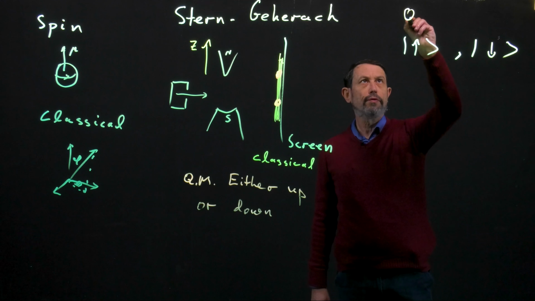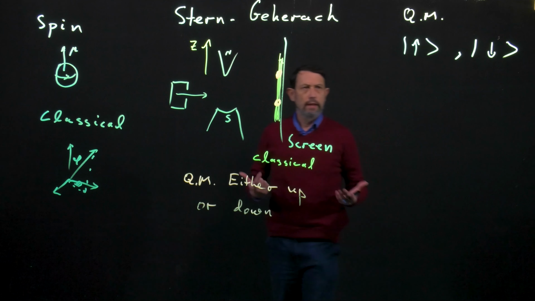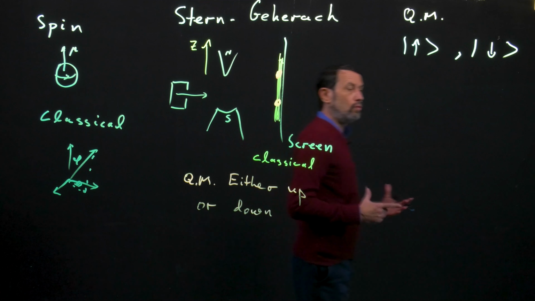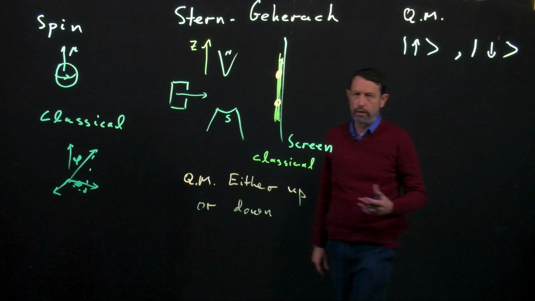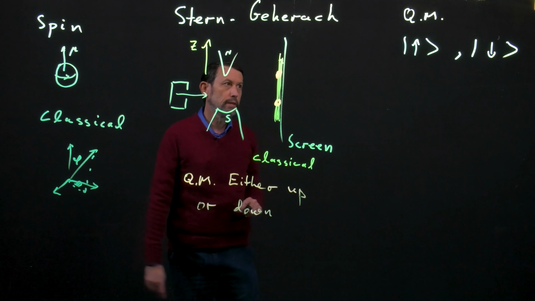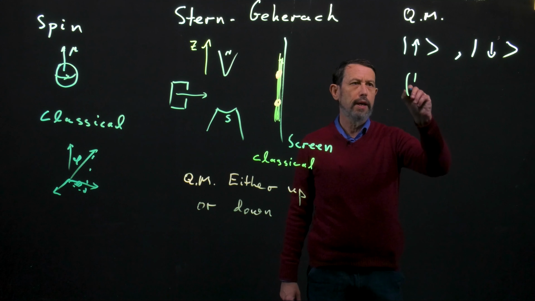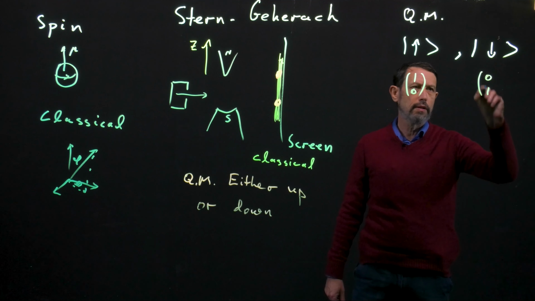So from the point of view of quantum mechanics, the Hilbert space of this problem has only 2 vectors. It's a 2-dimensional Hilbert space. We can, of course, represent them in the usual vector notation, (1,0) and (0,1).